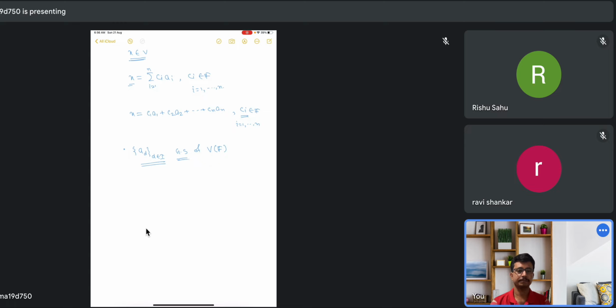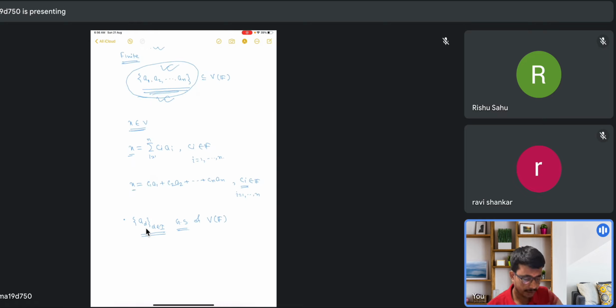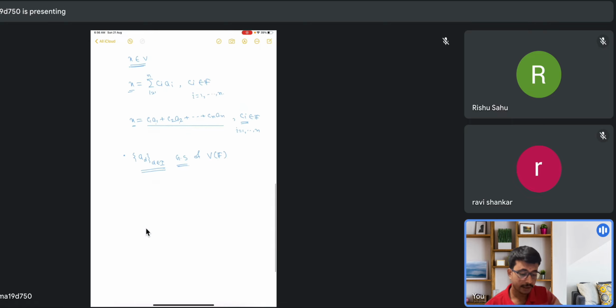Or in other words, what is the relationship between every element of V and these sets? The same definition. Here X can be written as a linear combination of A1, A2 up to An. But here X will be written as a finite linear combination of these sets.